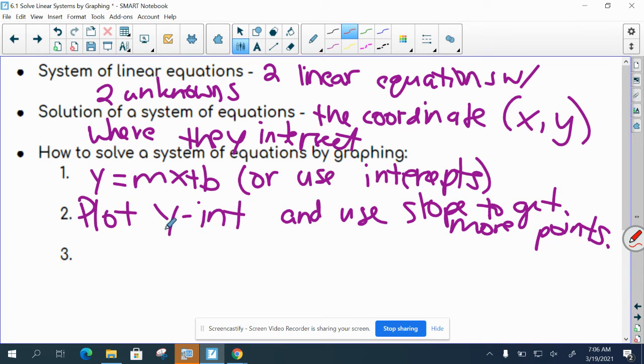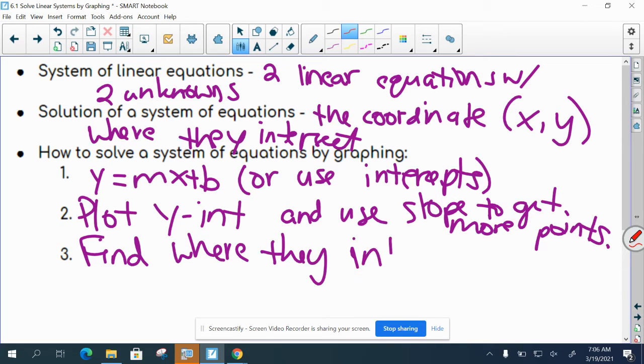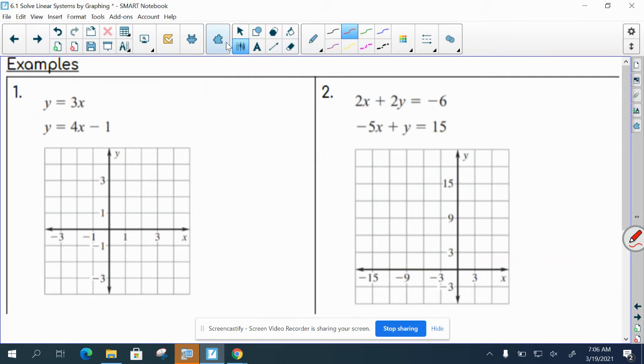Do it for both equations, plot both, and find the coordinate where they intersect. All right, let's look at some examples.